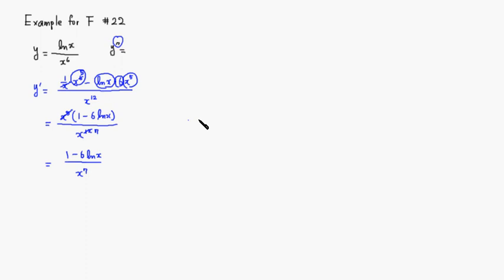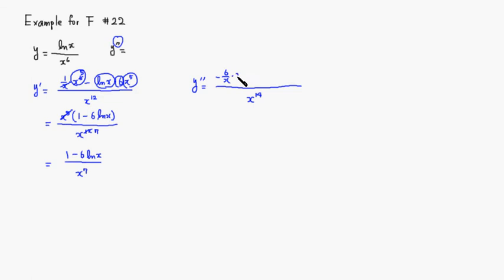The next derivative, y double prime, again we have to use the quotient rule. Square the bottom, so that would be x to the 14th power. The derivative of the top would be negative 6 over x, because the derivative of natural log x is 1 over x, times the bottom.